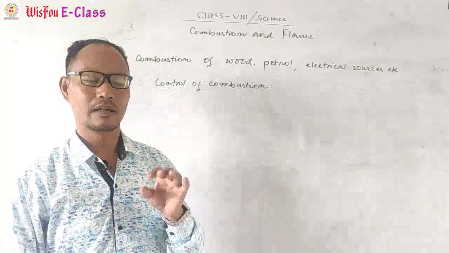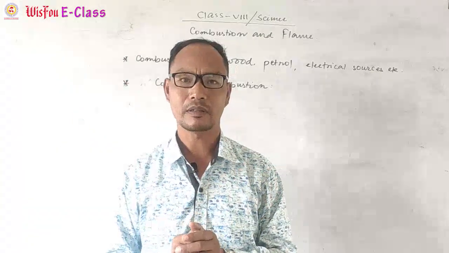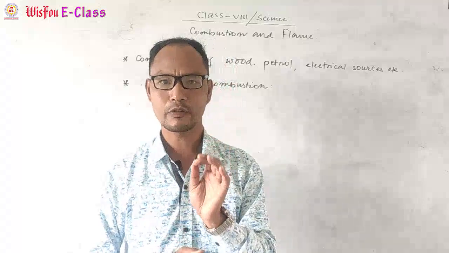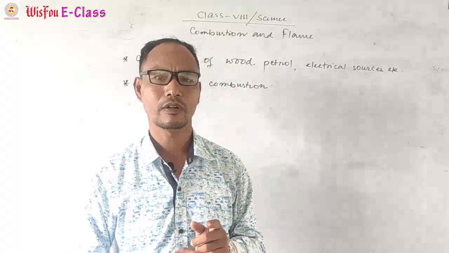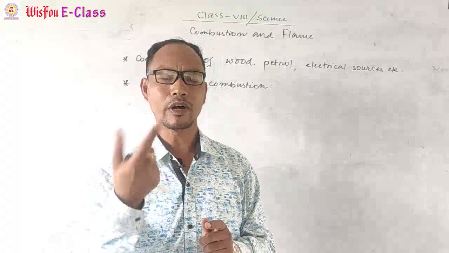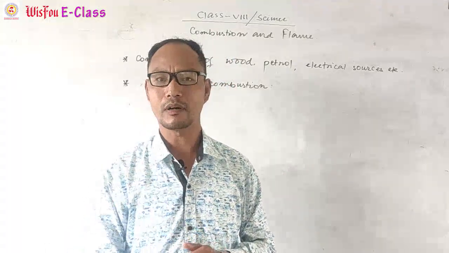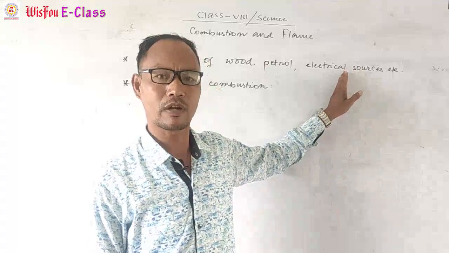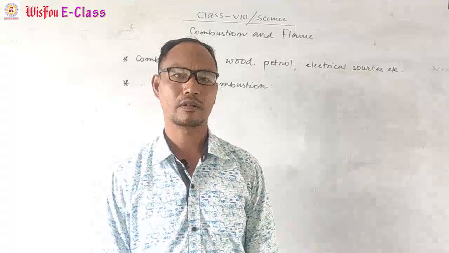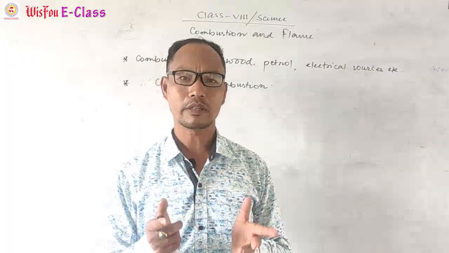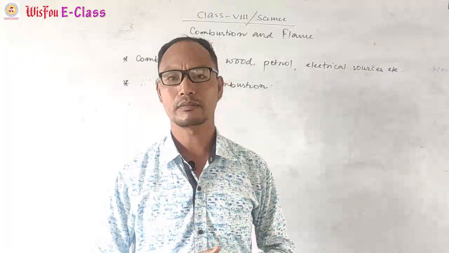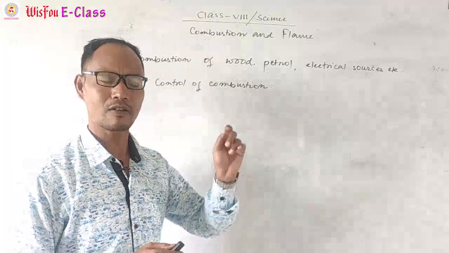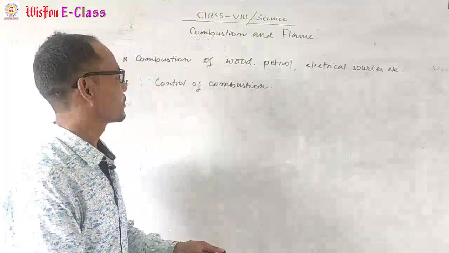But there is an exception where water may not be used as a fire extinguisher: in the case of oil burning or oil firing, and fire from electrical sources. In this case, water is not used as a fire extinguisher because, let us take one by one.